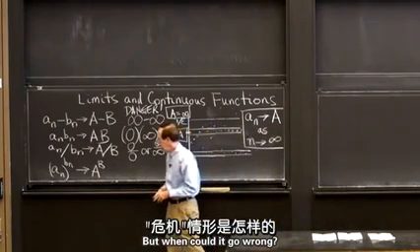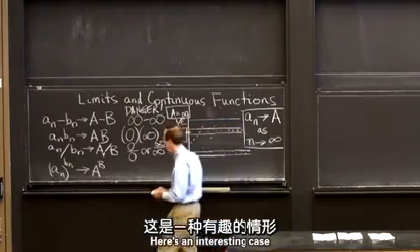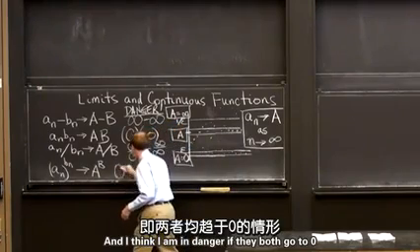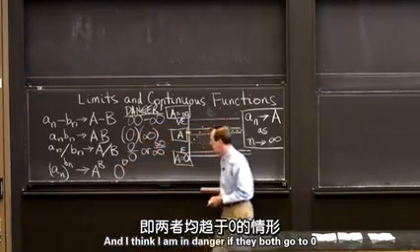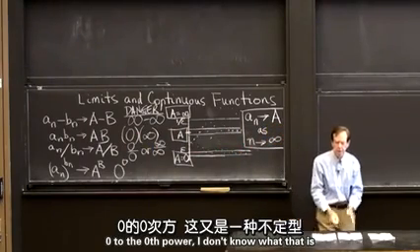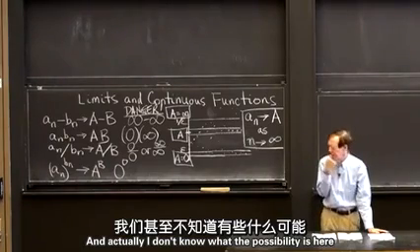But now, when could it go wrong? Here's an interesting case. So this is my list of danger, and I think I'm in danger if they both go to 0. 0 to the 0th power, I don't know what that is. And actually, I don't know all the possibilities here.